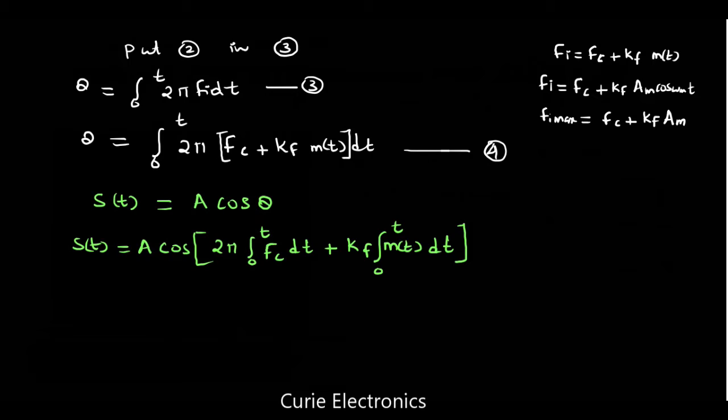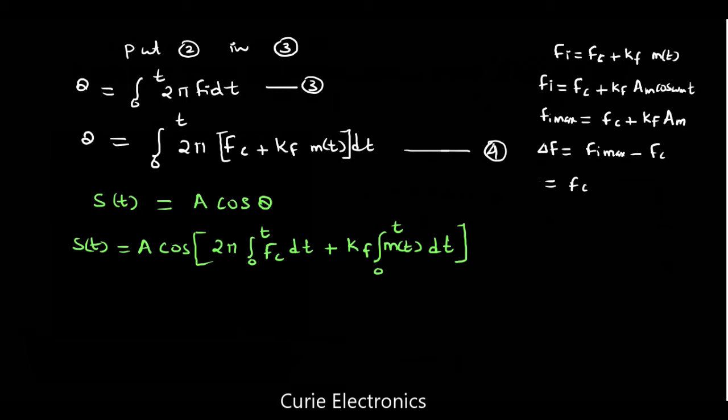Now what is the maximum frequency deviation? That is delta f. Delta f equals f_i max minus f_c, which equals, what was the value of f_i max?